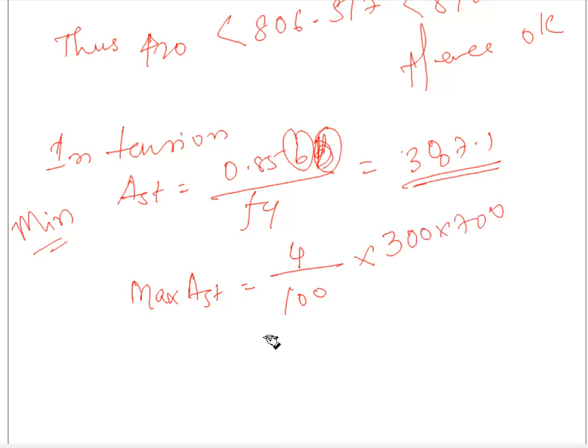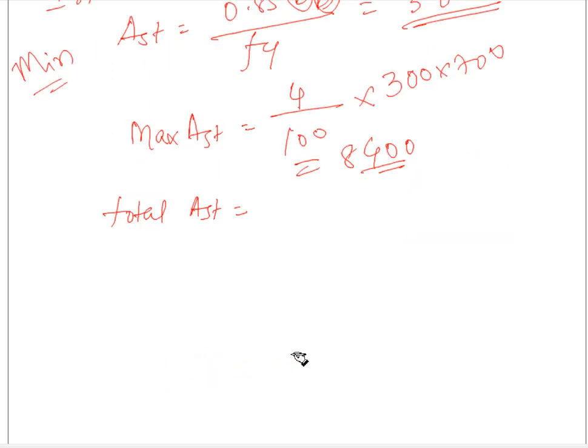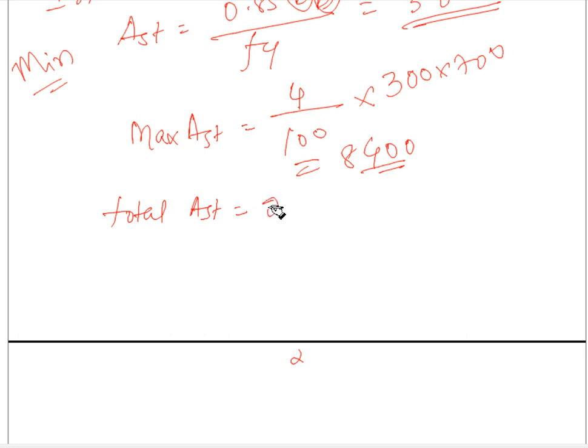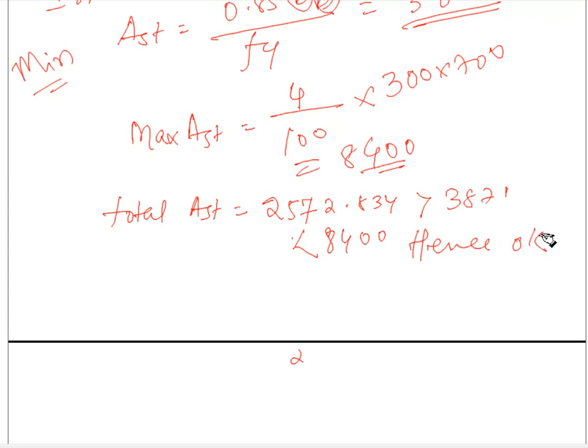That is equal to 8400. So total AST, 2572.834, is greater than 387.1 and less than 8400. Hence, okay.